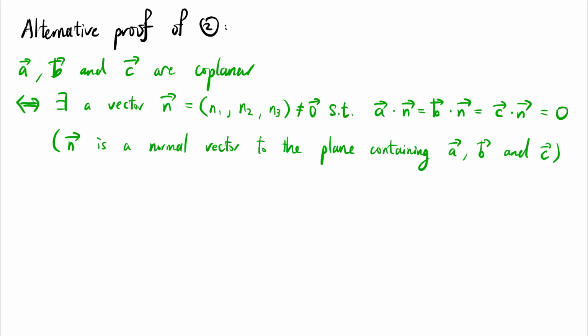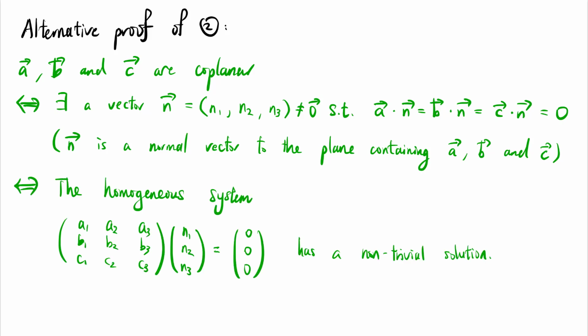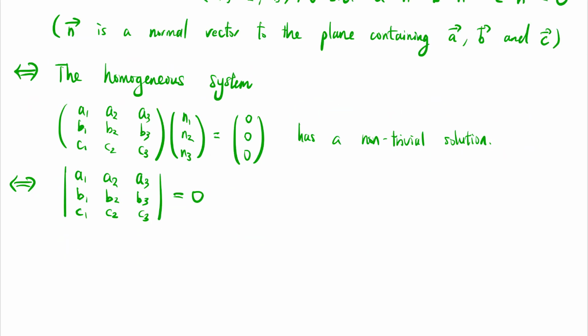Here, n is a normal vector to the plane containing A, B, and C. This happens if and only if the homogeneous system with coefficient matrix rows (A1, A2, A3), (B1, B2, B3), (C1, C2, C3), times (n1, n2, n3) equals the zero vector, has a non-trivial solution. This happens if and only if the determinant of the coefficient matrix is 0, which in turn happens if and only if A dot (B cross C) equals 0.